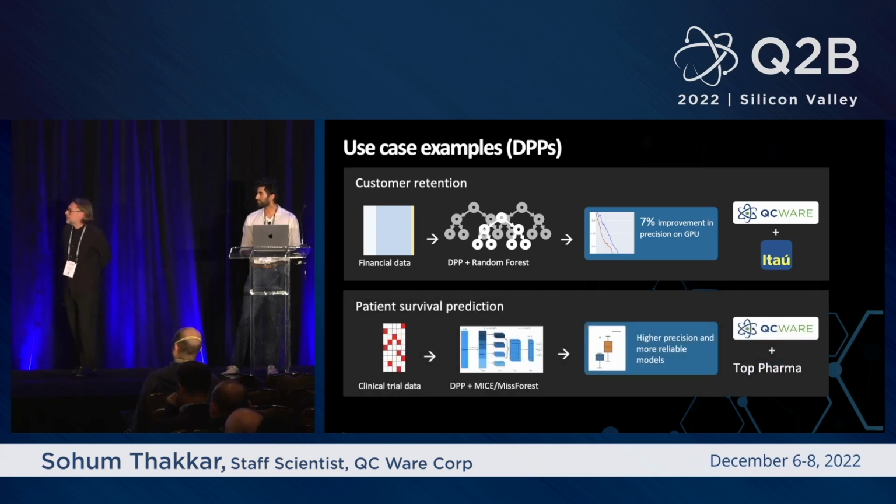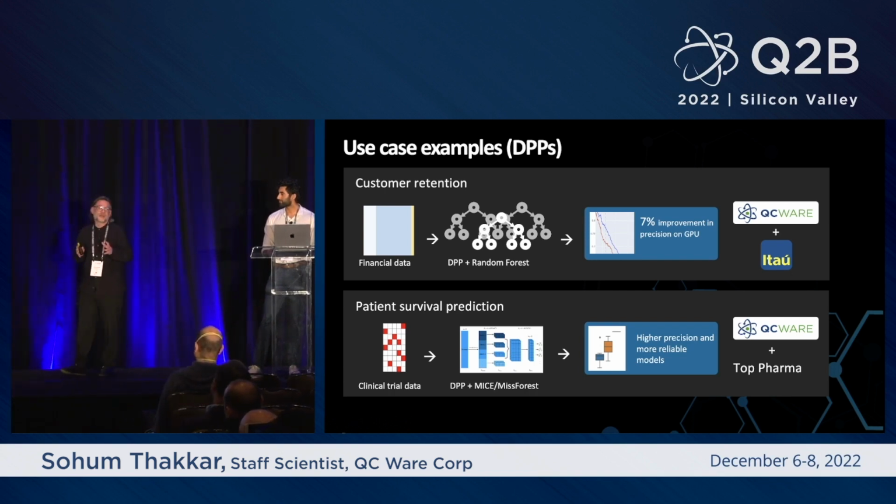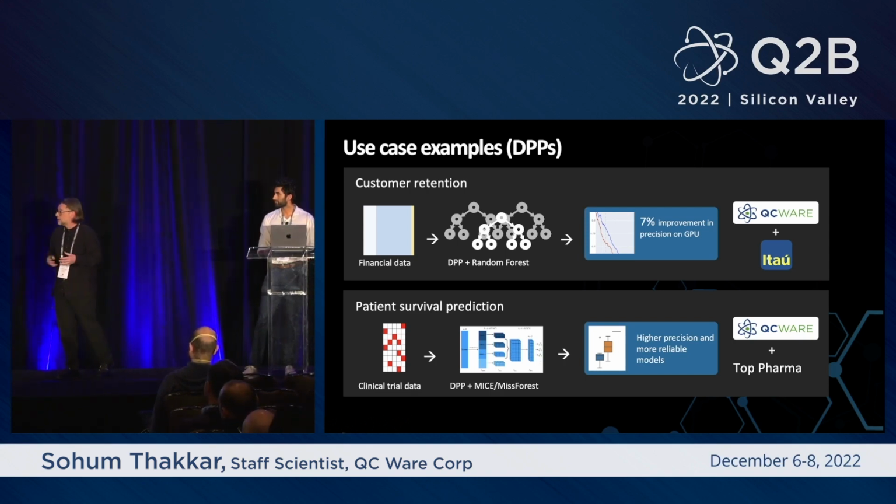Here is another example. This is a collaboration with a top pharmaceutical company, where we wanted to use patients' data from clinical trials in order to predict their survival rate. The main problem here is that a lot of this data is actually missing. So what the machine learning model has to do is first complete this data and then use it in order to predict accurately the survival rate of the patients.